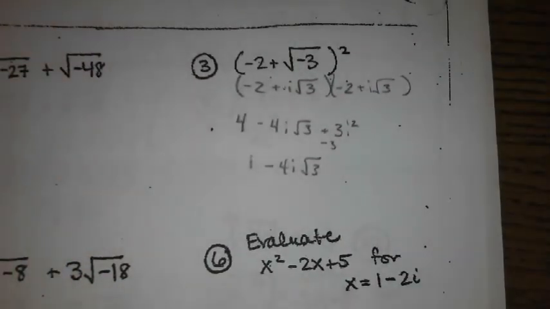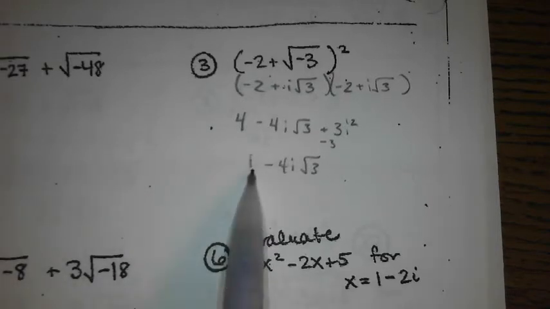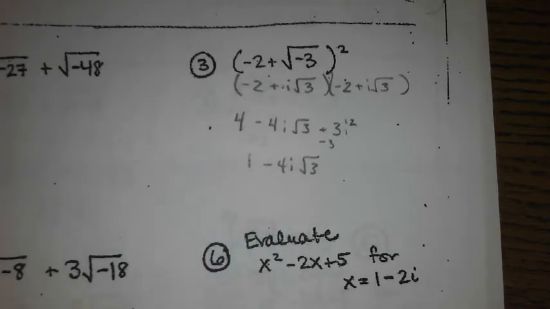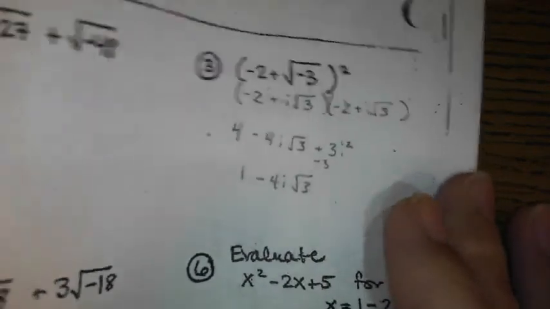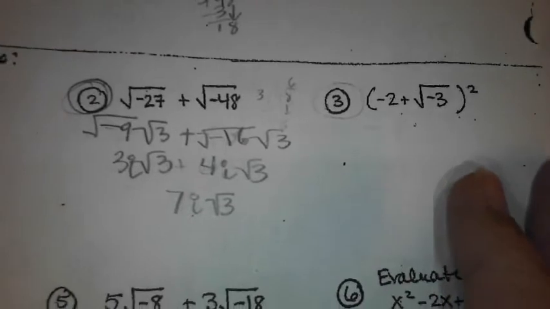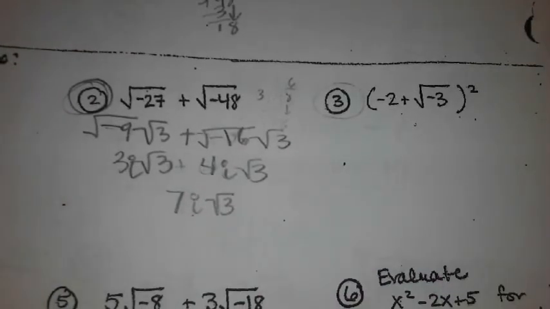This one, when they squared it, raise your hand if you see any mistakes. That's a 1 here. That's a 1. That looks good. Nice job. Number 2. That's a nice job.